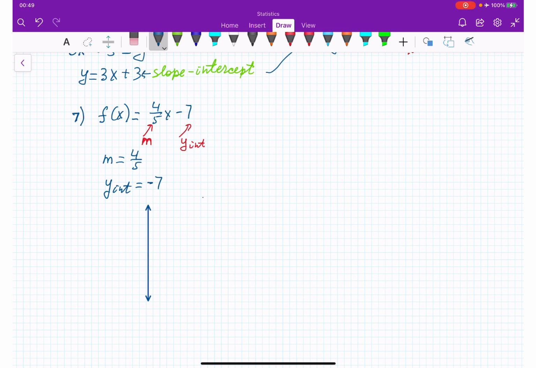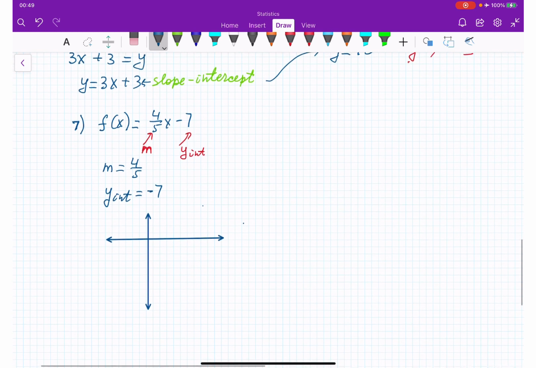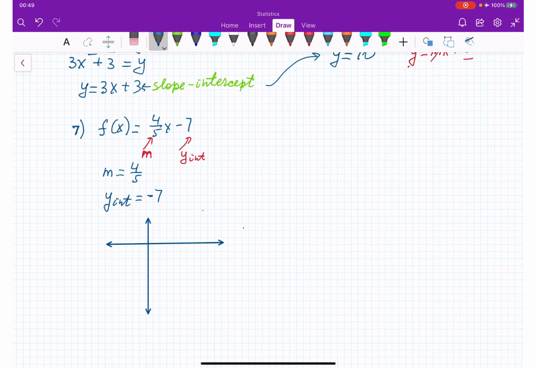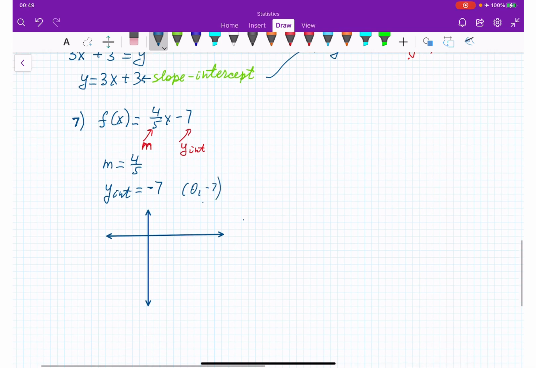Okay. We always start graphing by slope-intercept format. We always start with the y-intercept, which is negative 7. The negative 7 y-intercept means the coordinate 0, negative 7, which is going to be down here.